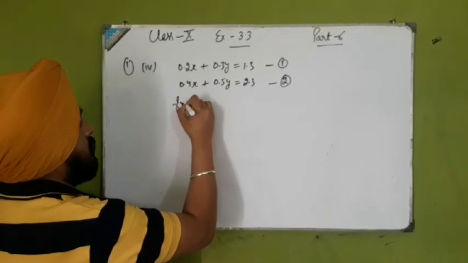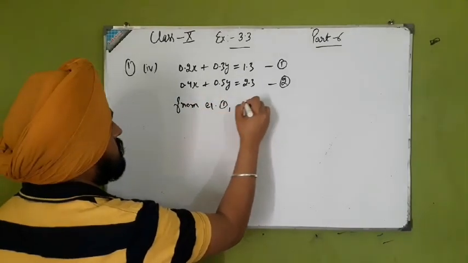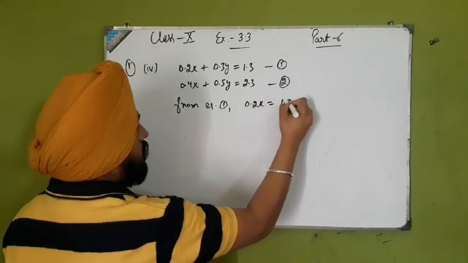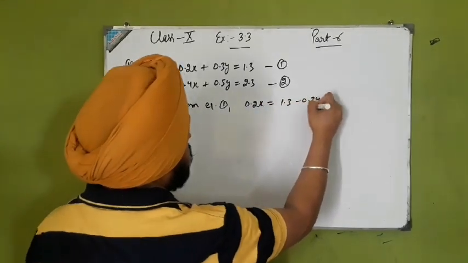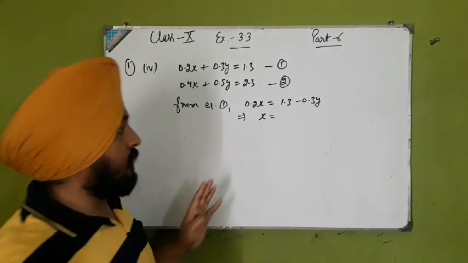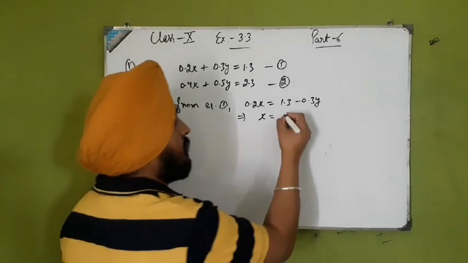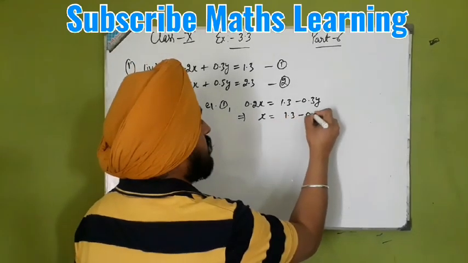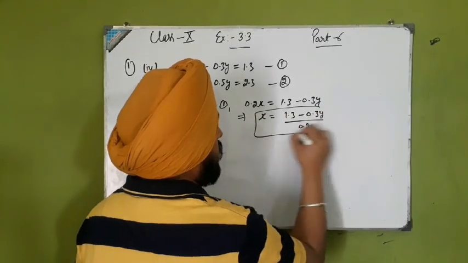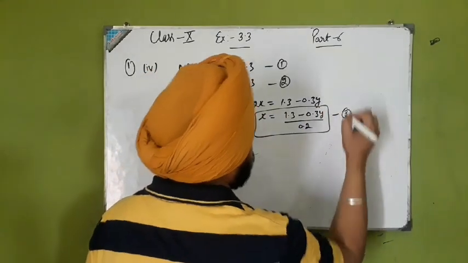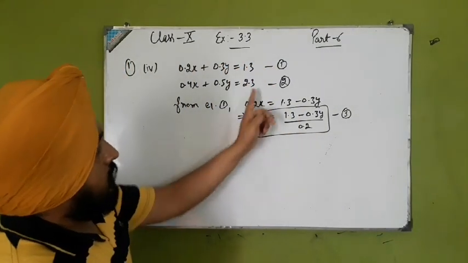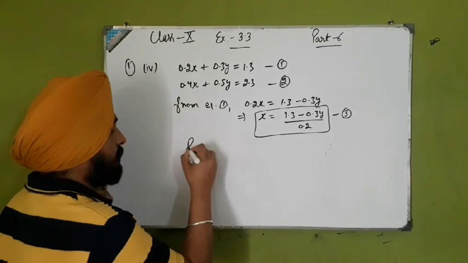So right here, from equation first, 0.2x is equal to 1.3 minus 0.3y. In the next step, this 0.2 will go to the denominator of the right side: x equals 1.3 minus 0.3y over 0.2, that is equation number 3. Now this value of x you have to put in equation number 2.